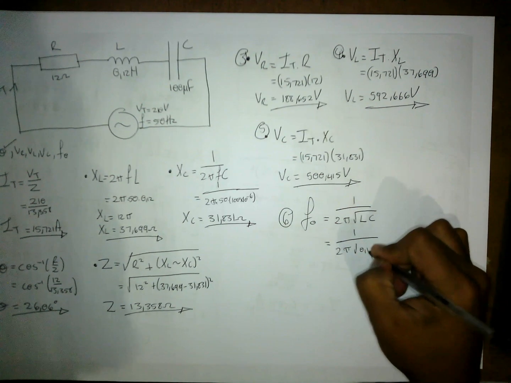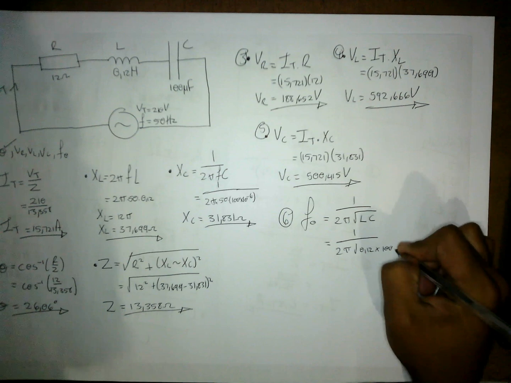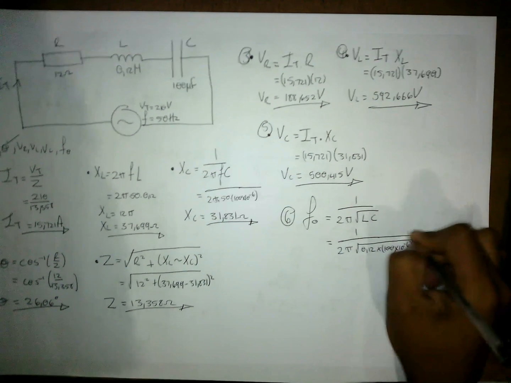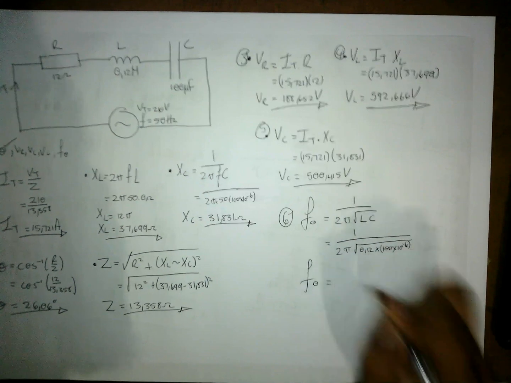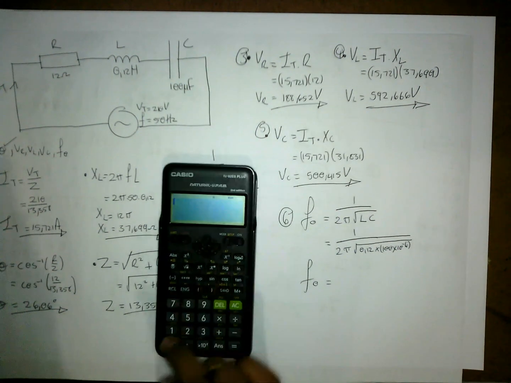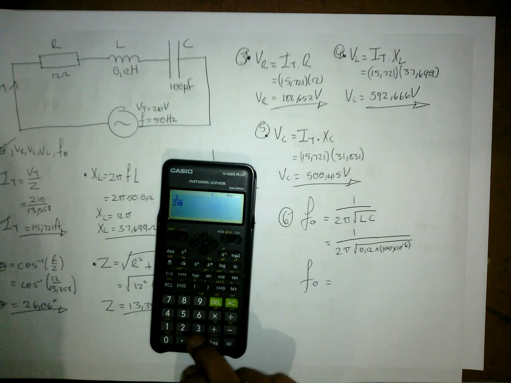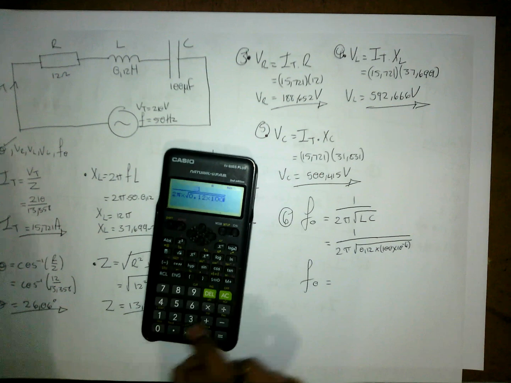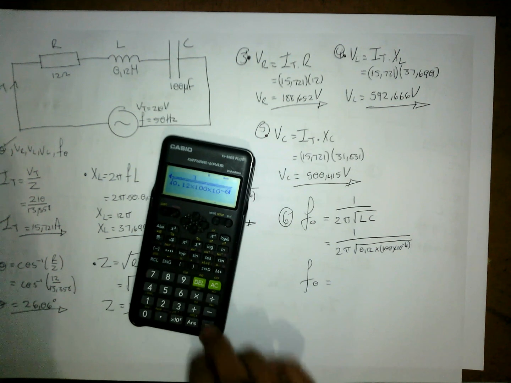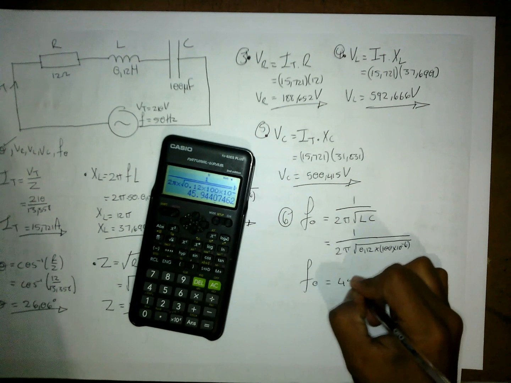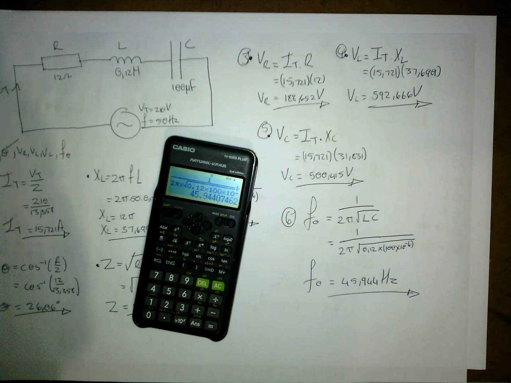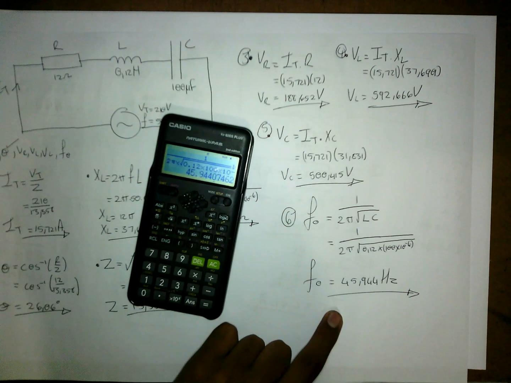So we got 0.12 times 100 times 10 to the power minus 6. So the resonant frequency equals 1 over 2 pi times that, 5,944, and frequency is always in hertz. Can everyone get the resonance frequency correct?